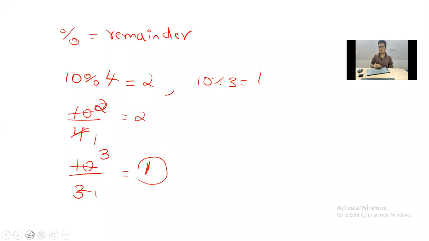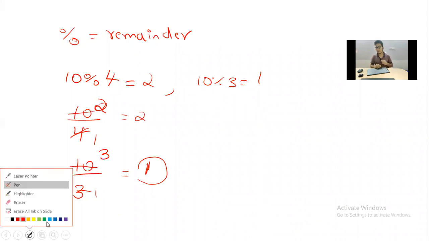So what will modulus do? It will give us the remainder. This is an important concept in programming. Using modulus, we can do a lot of things. Let's see one more easy way to understand it. If someone asks, what is 10 mod 3?